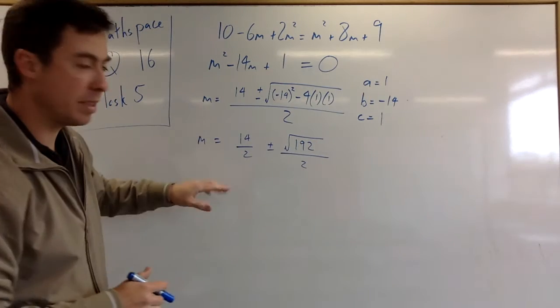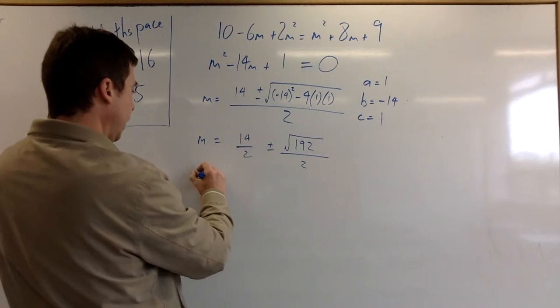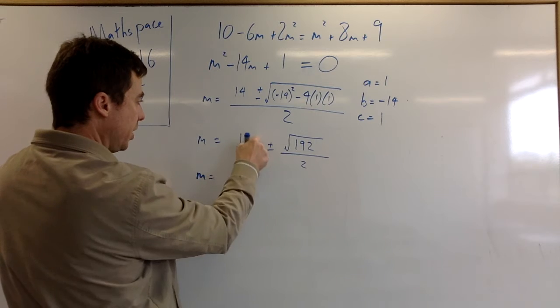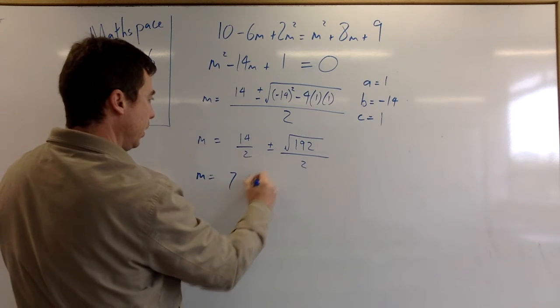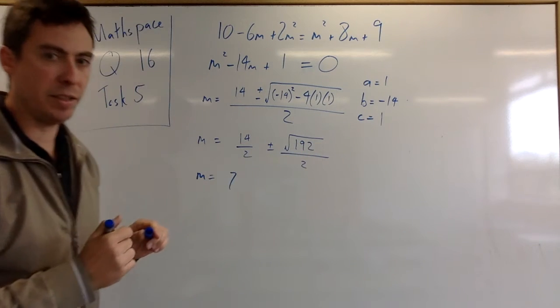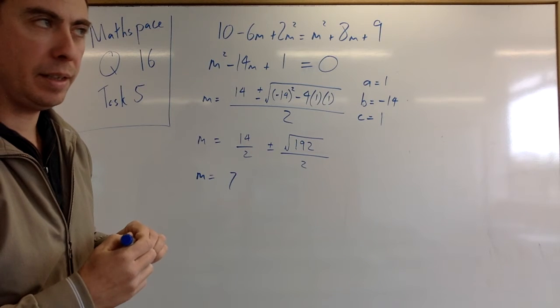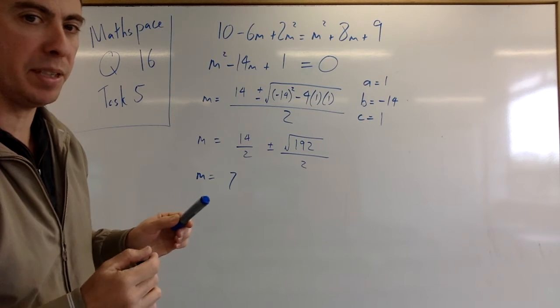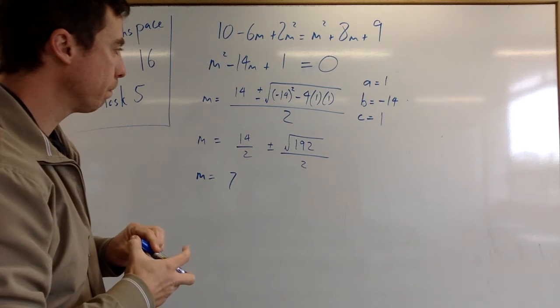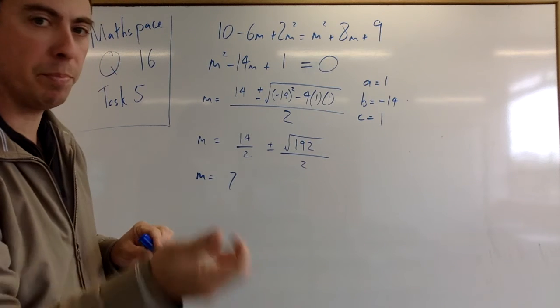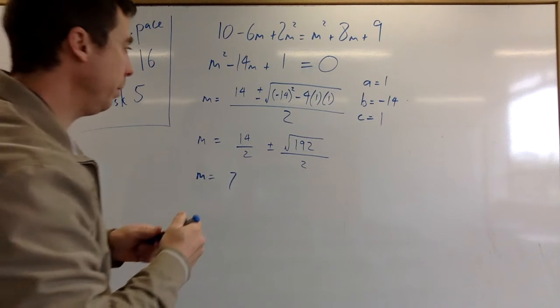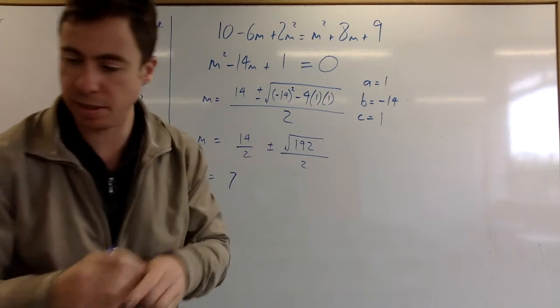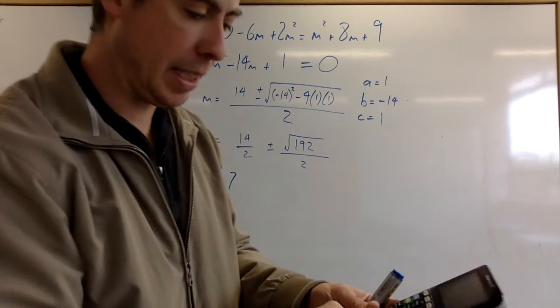Okay, we can still tidy this up. m equals 7. Now, in the 192, I think there's going to be some squared numbers hiding. If there is, I can pull them out of the square root. What I mean is, let's actually try. I'll get my calculator.